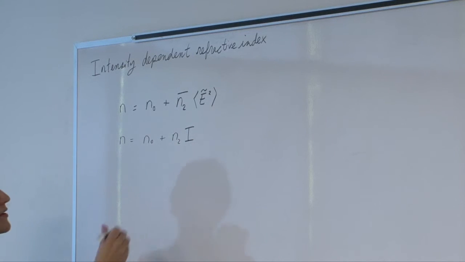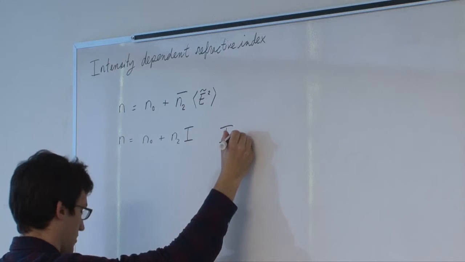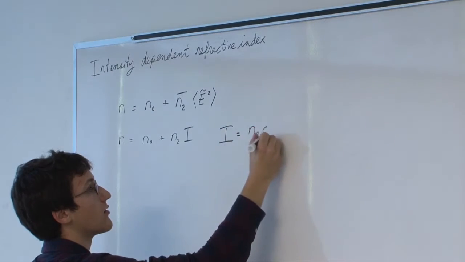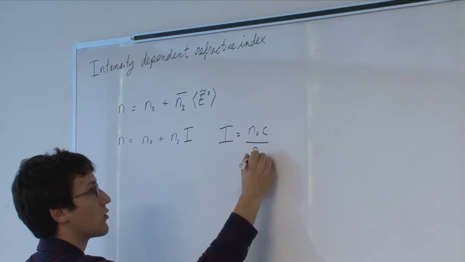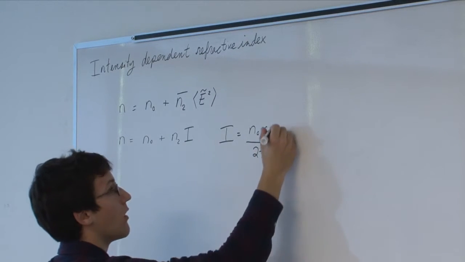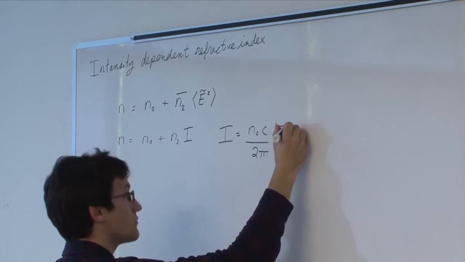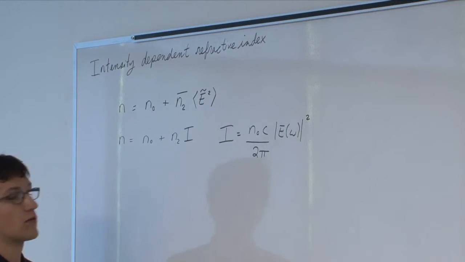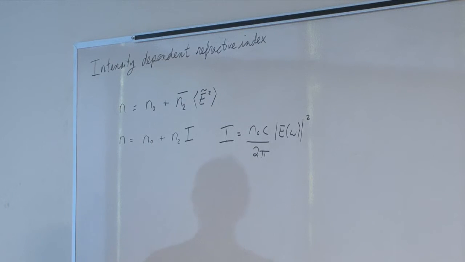And we all know that the intensity is simply given by the linear refractive index n0 times the speed of light over 2 pi times E omega squared. This is the usual definition of the intensity.